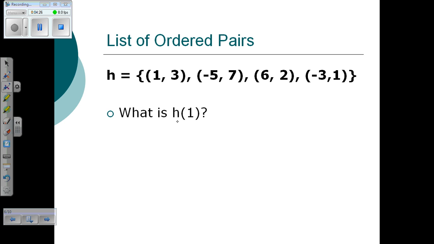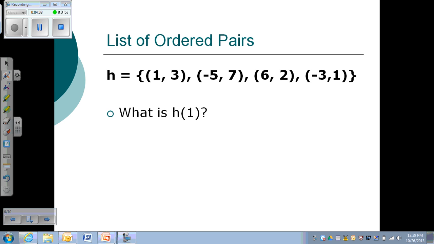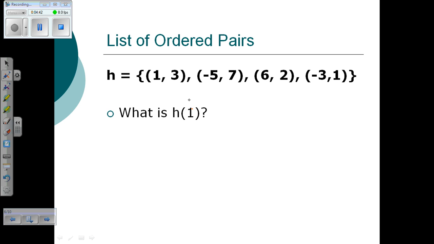So I'm asking you, what would the value of the function be when the input value is 1? I've given you the number in the parentheses, so that's my input. Whenever you're addressing questions of this type, you want to first think, do I know the input or do I know the output? Because I gave you the number in the parentheses, I'm giving you the input value.